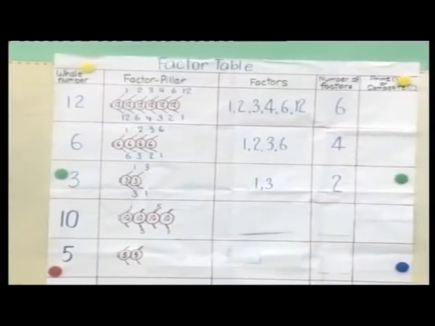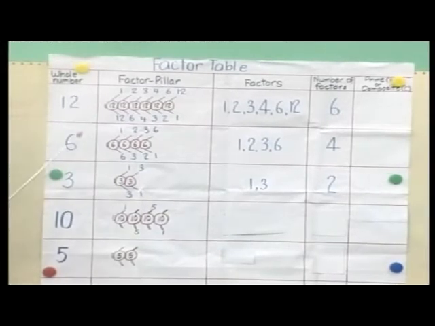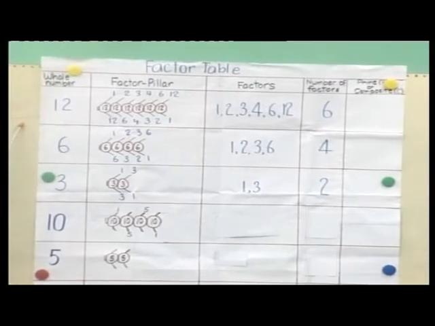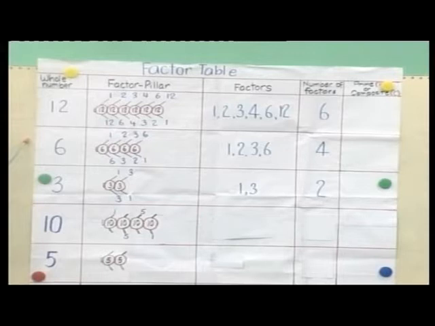I have a chart which has been pasted on the whiteboard. What chart do I have on the board? A factor table chart. In our previous lesson, we looked at this factor table.